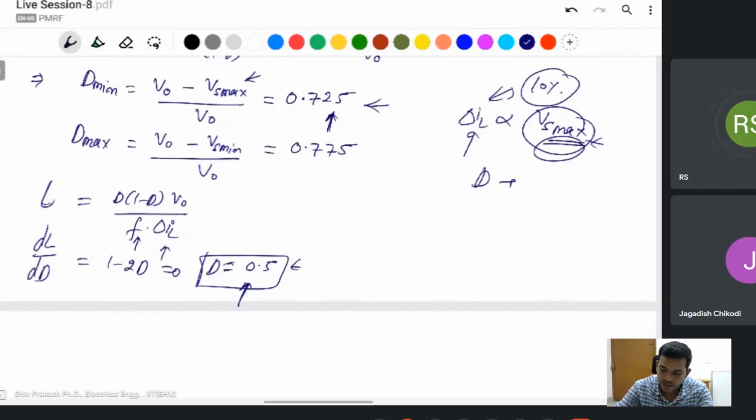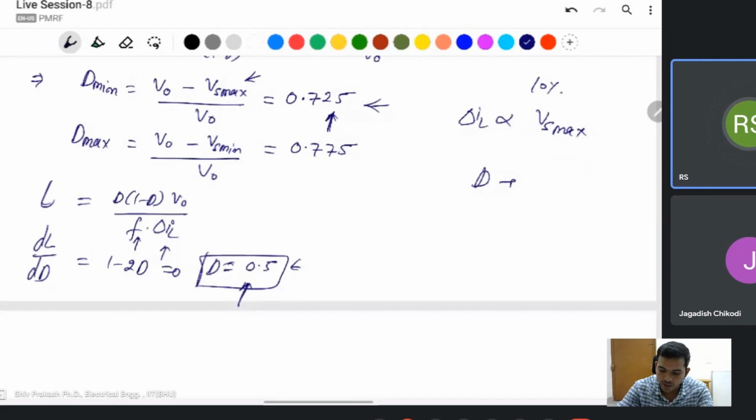I understand from this, sir, that delta IL is directly reflected from the VS supply voltage. Then if you take the limit of delta IL, it should be calculated at the maximum distortion. This is maximum distorted when the VS is the maximum. In this condition, dIL by dt should be maximum, which is 10%.